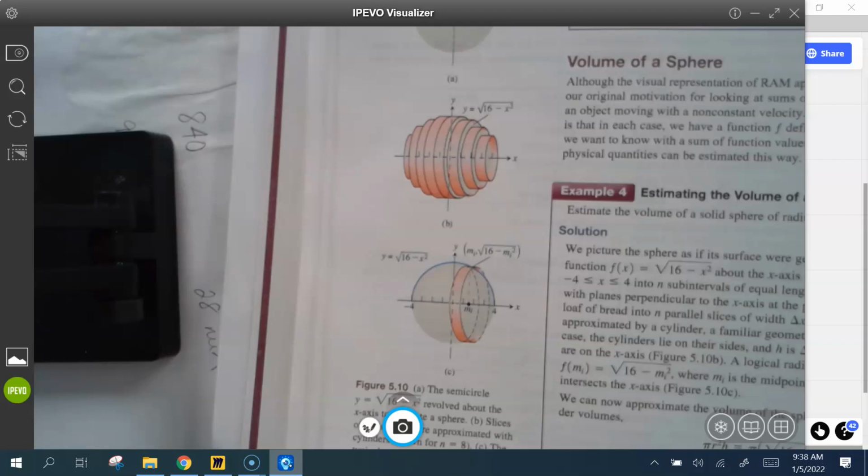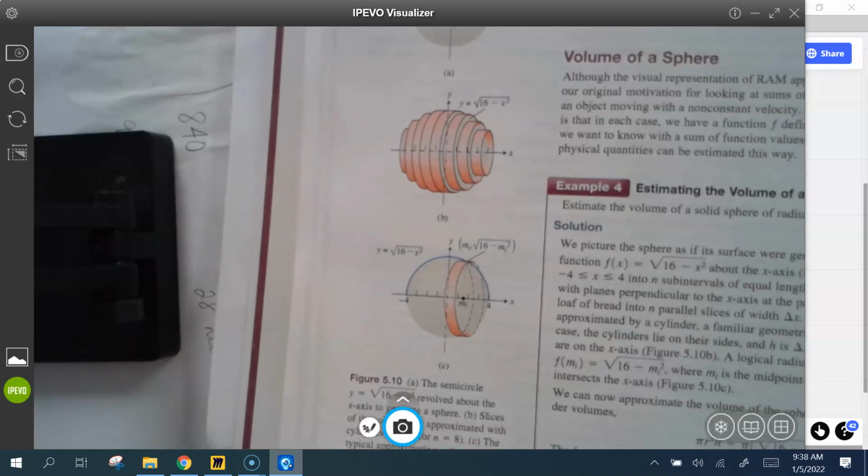What's the volume? The area of the circle times the height, times that width each time. Right, that's the only difference in volume. Anytime I'm finding the volume, I'm just adding that. It's the area times that extra variable.